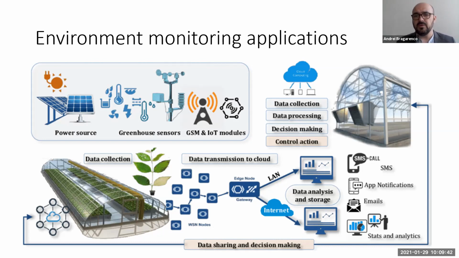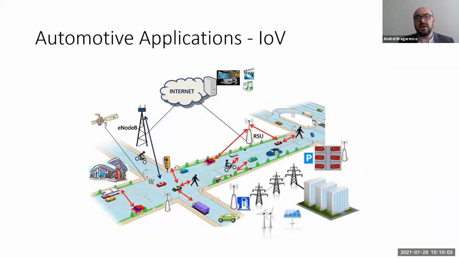Okay, and so that means we have to make some interaction between many devices. That means we have a big embedded system distributed through the internet, or we can say that it can be classified as Internet of Things. Of course, automotive applications can have the Internet of Vehicles too.